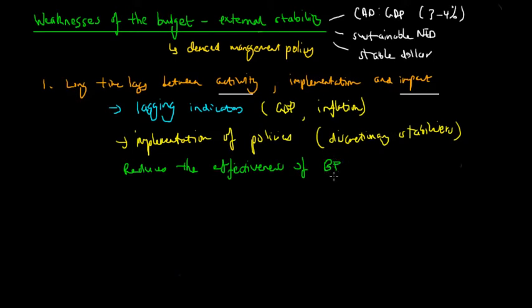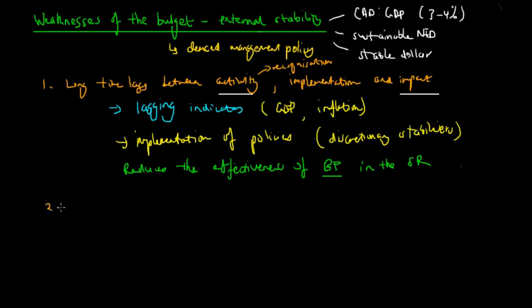This is not recognized, but for simplicity, I'm just going to write BP in the short run, so in the SR. So that's the first weakness associated with budgetary policy, that there are often long time lags between activity of recognition, then implementation, and then finally impact of the policy.